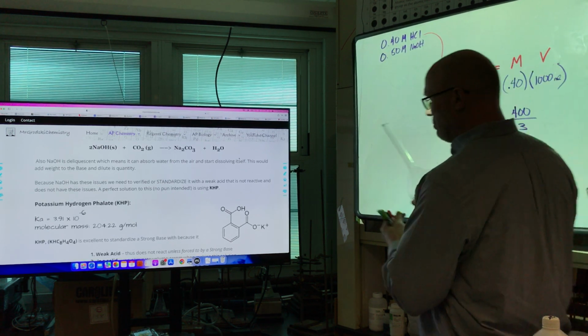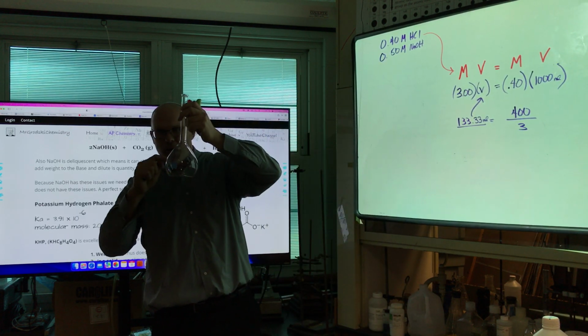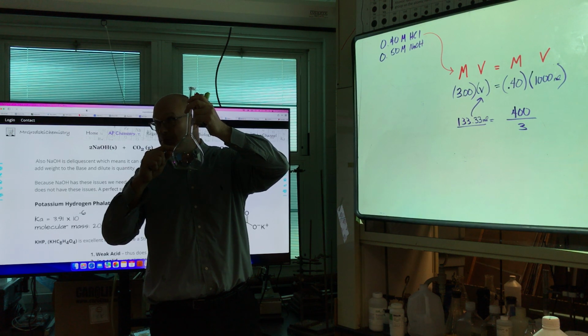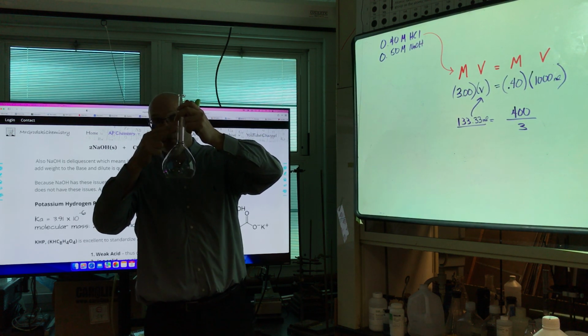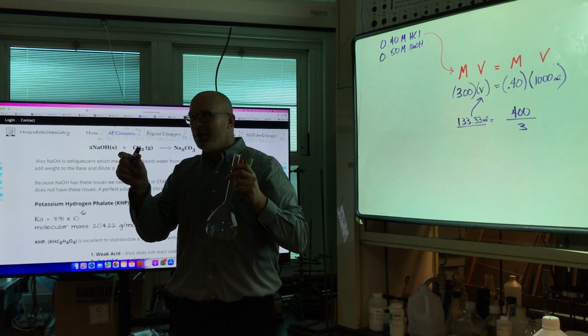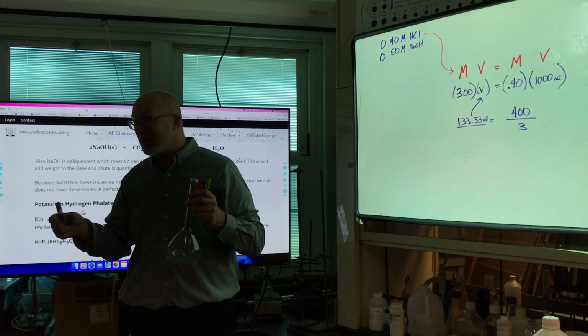And so what I would do is pour exactly the 133.33 milliliters, spend time making sure that is accurate, and pour that in here. Now, the device that I use to pour it in, isn't there some remnants on that device?